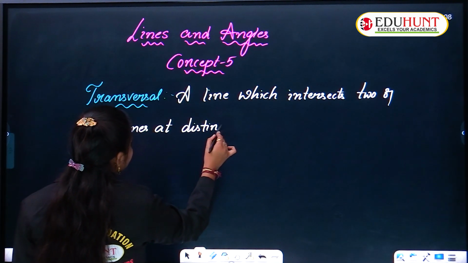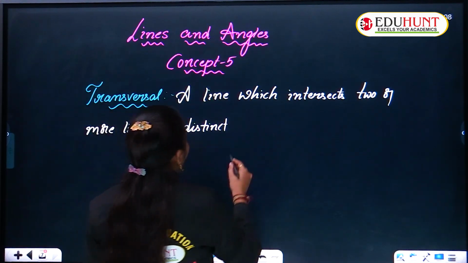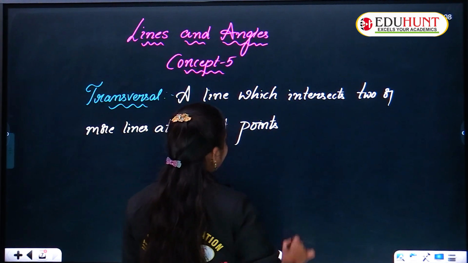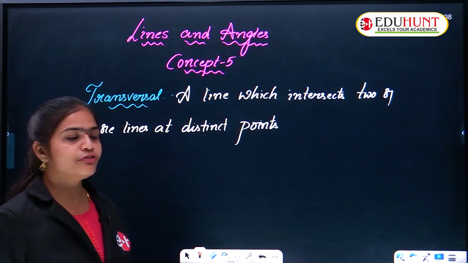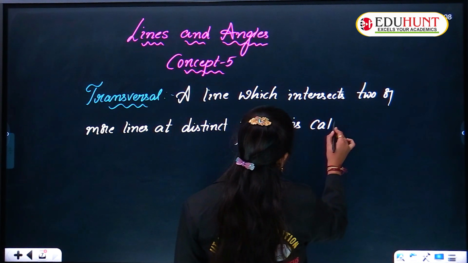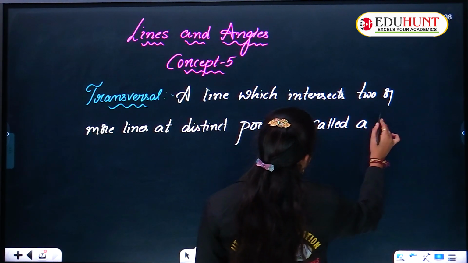At distinct means different points. What is the meaning of distinct? Different. Distinct is nothing but different points. That line is called a transversal.